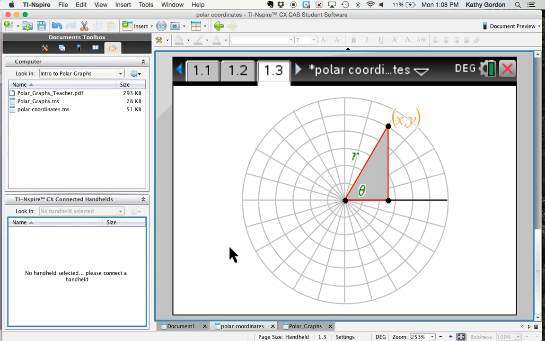Okay? So, if all I did was show you this picture, we already know a lot about this based on what we know from trig. We're going to use these relationships to help us convert back and forth between what's polar and what's rectangular.